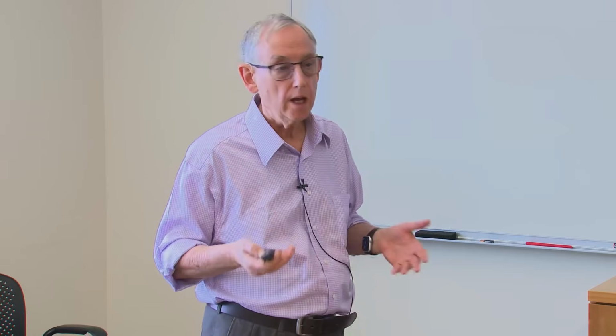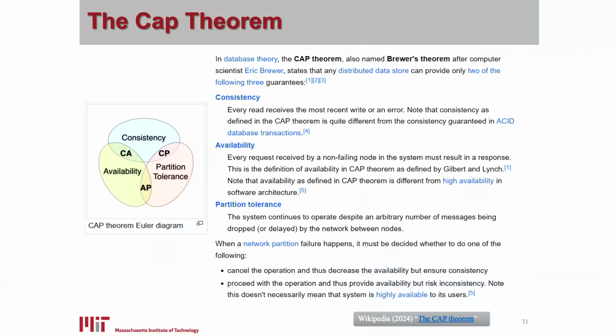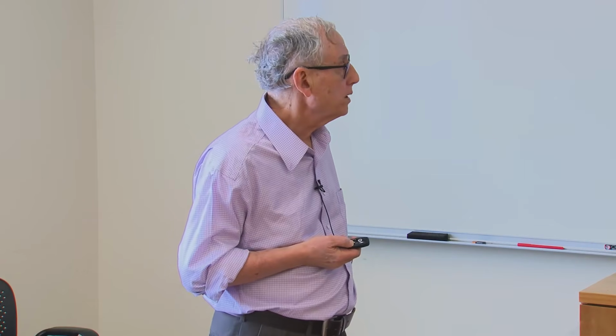But then you have to shut down availability. I don't know, end of day, end of month, when are the accounts reconciled? Or you allow the partition and you proceed, so you have availability, but then you risk this inconsistency. So this is what Brewer is saying is a fundamental choice to be made.